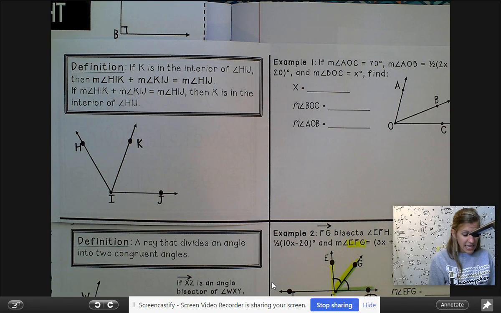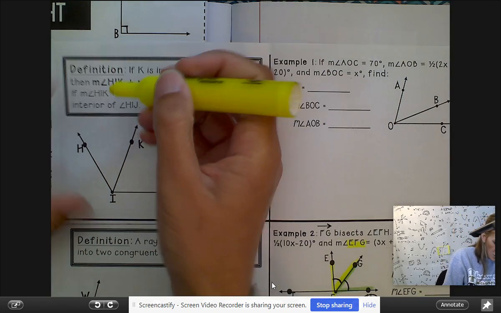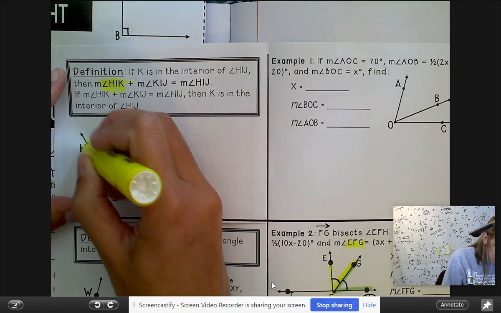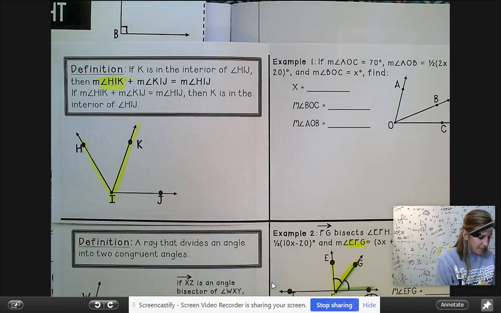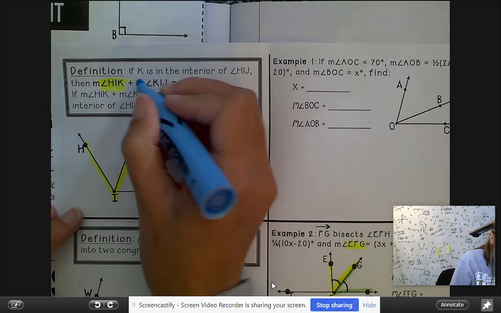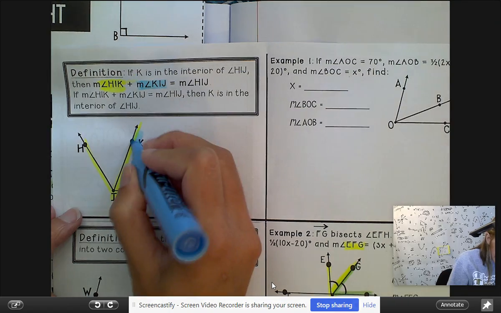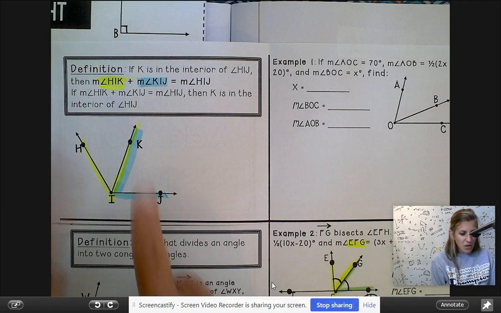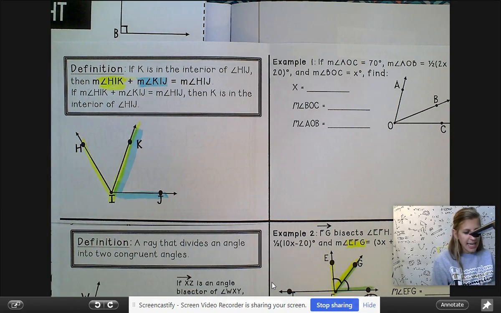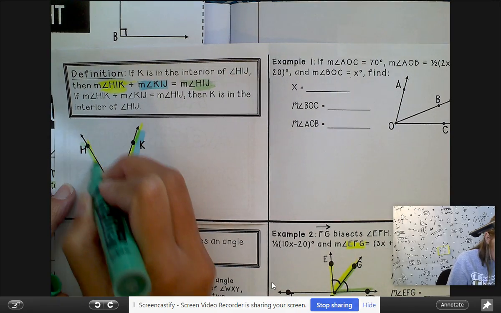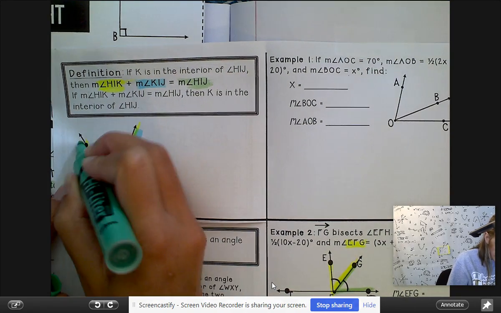If K is in the interior of angle HIJ, then the measure of angle HIK, this angle here, plus the measure of angle KIJ, that angle there, if I add those two parts, I get the whole measure, the measure of HIJ, the whole thing.